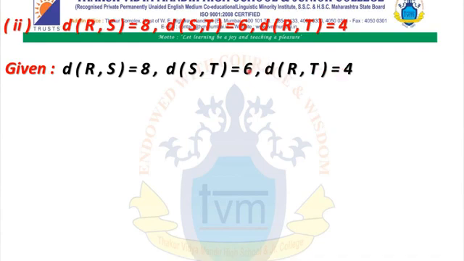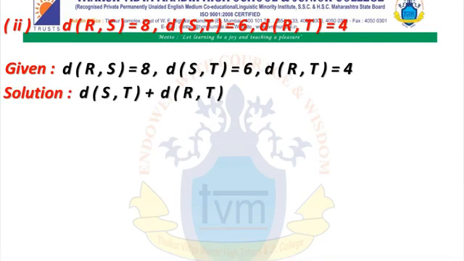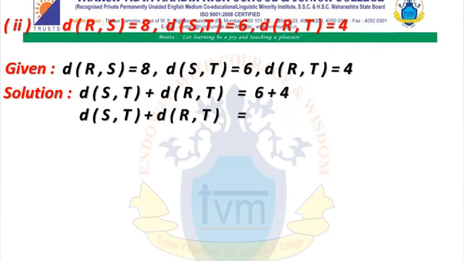So what we will do here, we'll add those two smaller distances. So distance ST plus distance RT equals 6 plus 4. Therefore distance ST plus distance RT equals 10. We will take this as equation number 1.